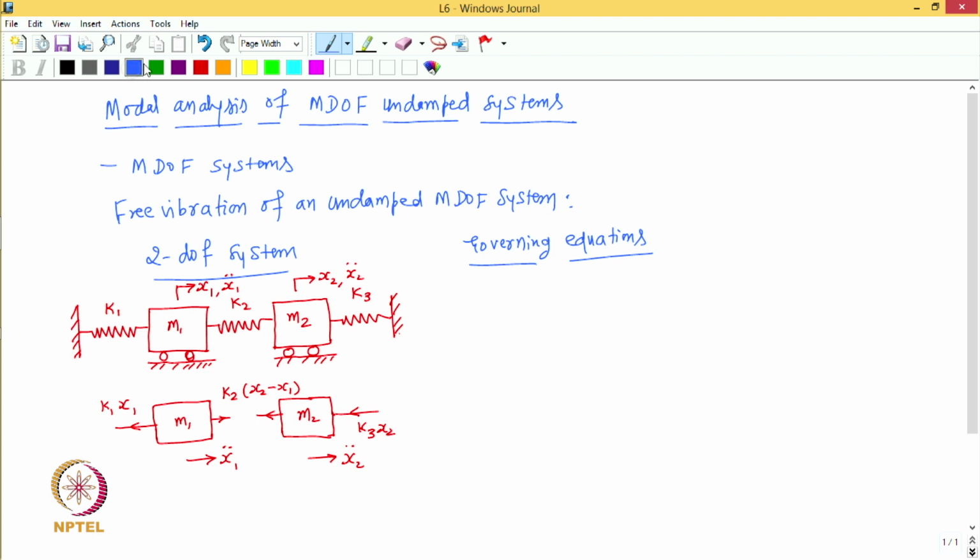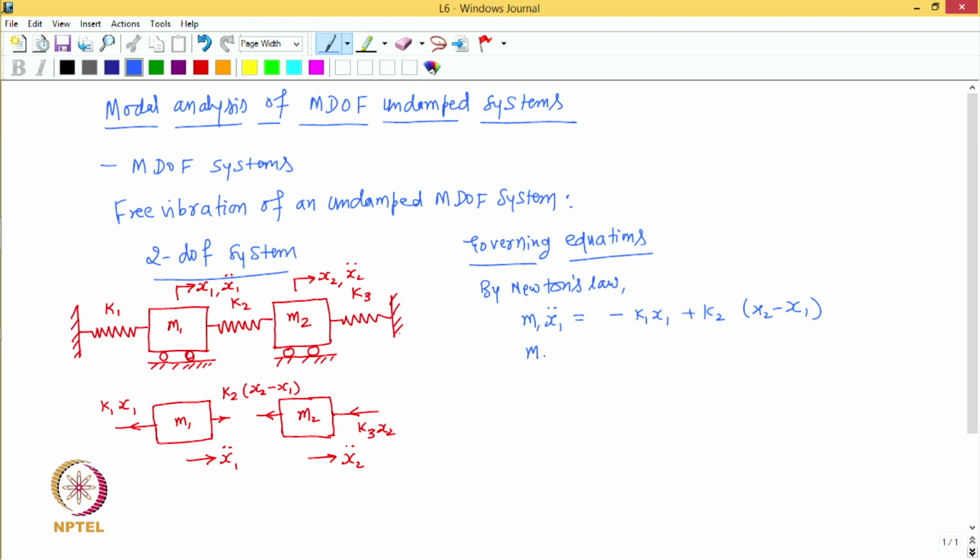Now if you use Newton's law, we can write down the dynamic equilibrium of mass m1 as m1 x1 double dot is equal to minus k1 x1 plus k2 (x2 minus x1).